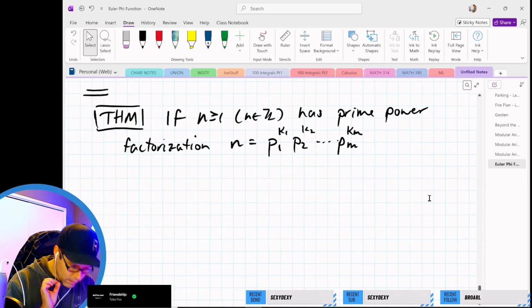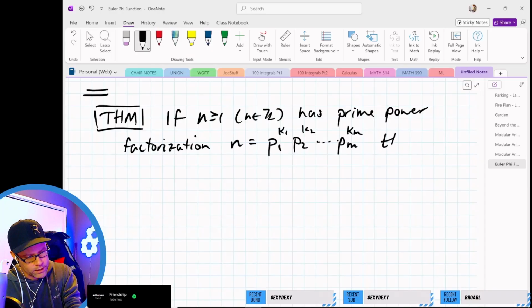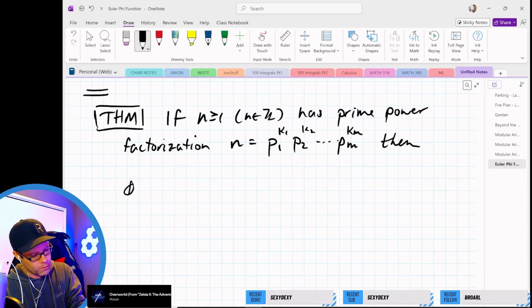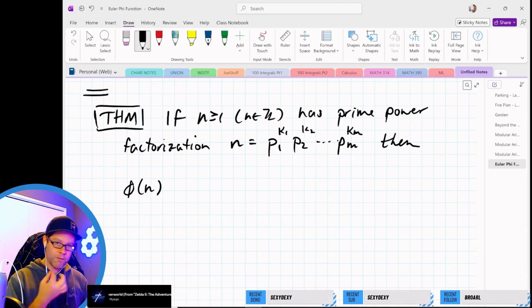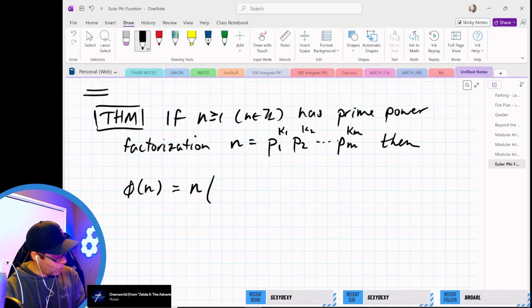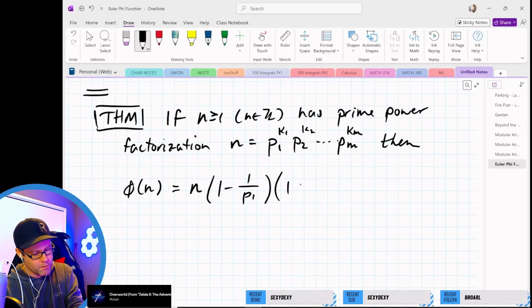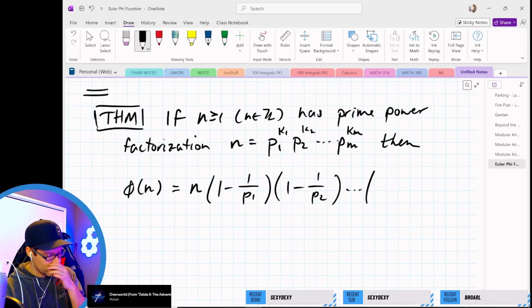So this theorem says, find that prime power factorization, then do the following. If I want to know what the Euler phi number is for n, we're going to take n and multiply by 1 minus 1 over each prime factor.